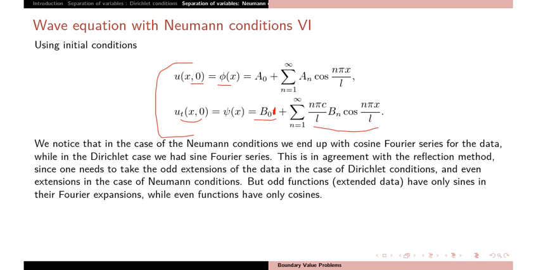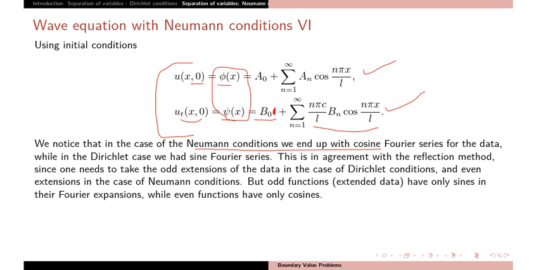So now we get the Neumann condition, and here you are getting a cosine series. You can find these coefficients a_n and b_n by solving this Fourier cosine series. If you know the data phi and psi from the problem, you can find these Fourier coefficients.